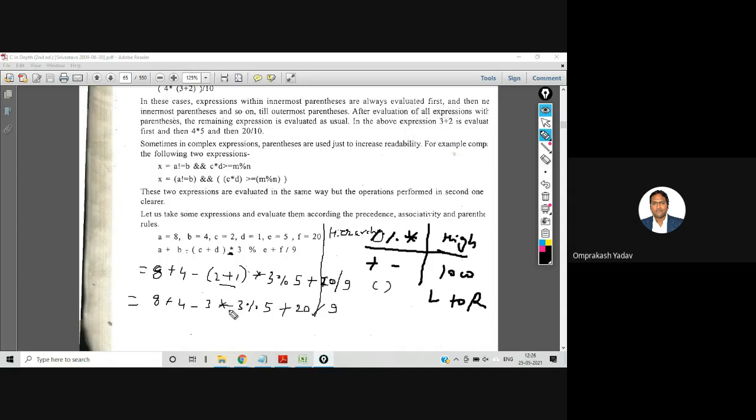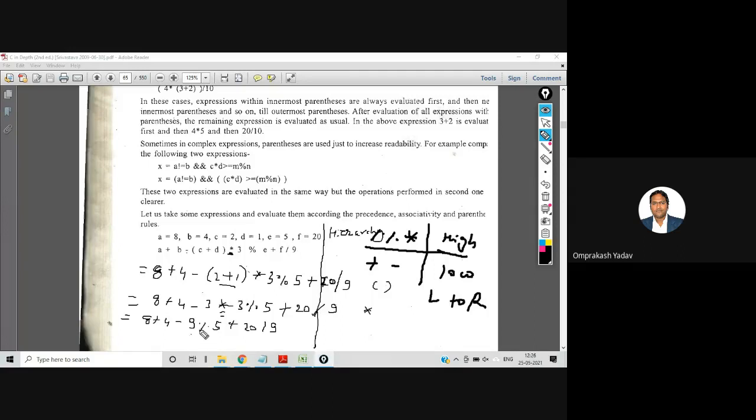Now the round bracket is removed, and all the operators left are only the arithmetic operators. We'll go from left to right, and the first operator I observe is the multiplication, so I'll solve that first: 8 plus 4 minus 9 divided by 5 plus 20 divided by 9.